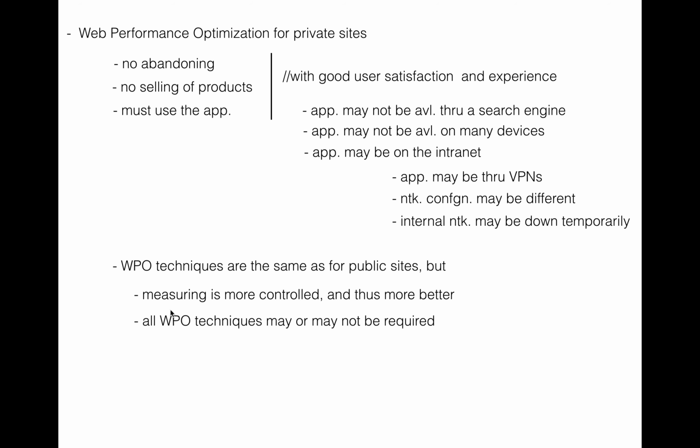Number two, it may not be required that all the WPO techniques be applied so that the performance of the app is really good. Maybe only a particular set of WPO techniques works fine and you get the desired performance.